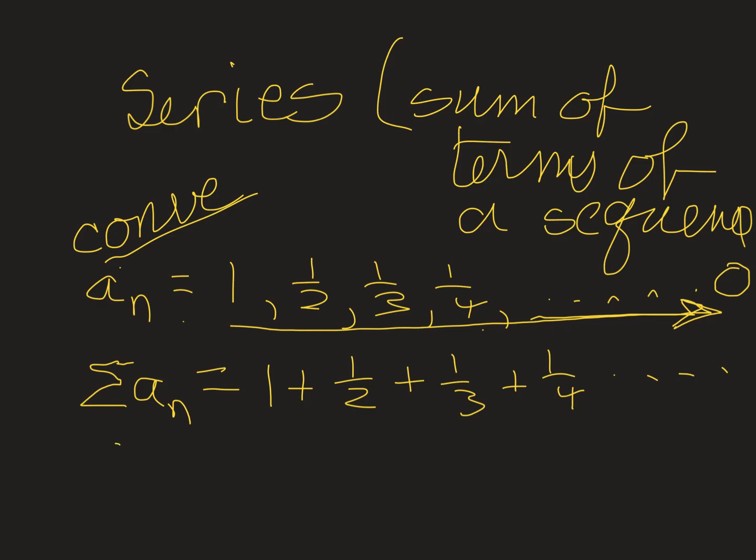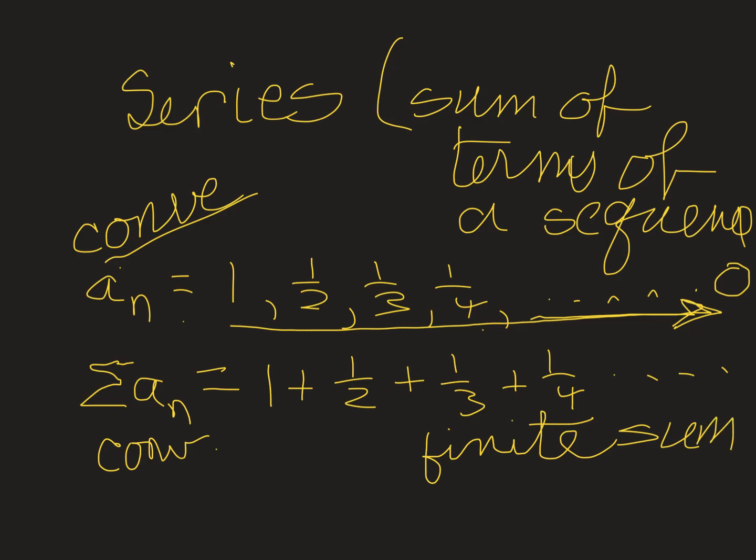When you talk about convergent with a series, what you are saying is that it has a finite sum. And just because a sequence converges doesn't mean that a series will converge. And so you want to be careful not to mix those up.